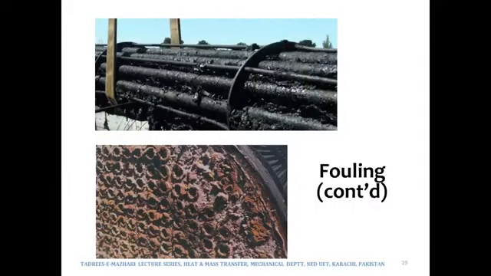So fouling will reduce the performance. It will degrade the performance of the heat exchanger. Over here we can see the soot. It's black. It may be in the form of mud, it may be in the form of deposits, it may be in the form of corrosion. There are various types of fouling.